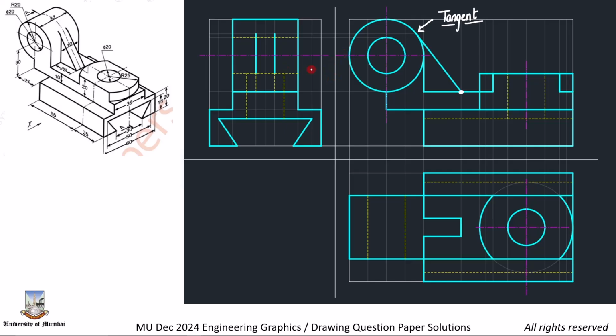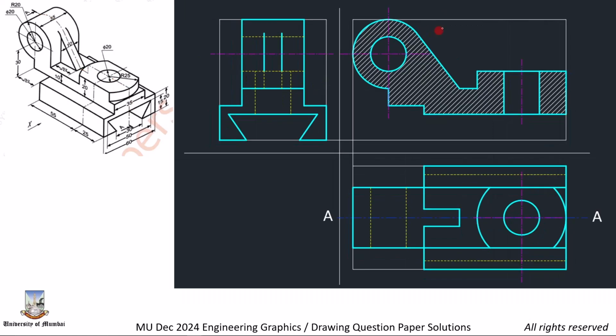So you can see that this is where the section is happening. This way, then this way, then it will go down this way, then this way, this way, this way. When you do the section, your final sectional front view looks something like this, then the right hand side view, and that's your top view. This is what has been asked in the problem.